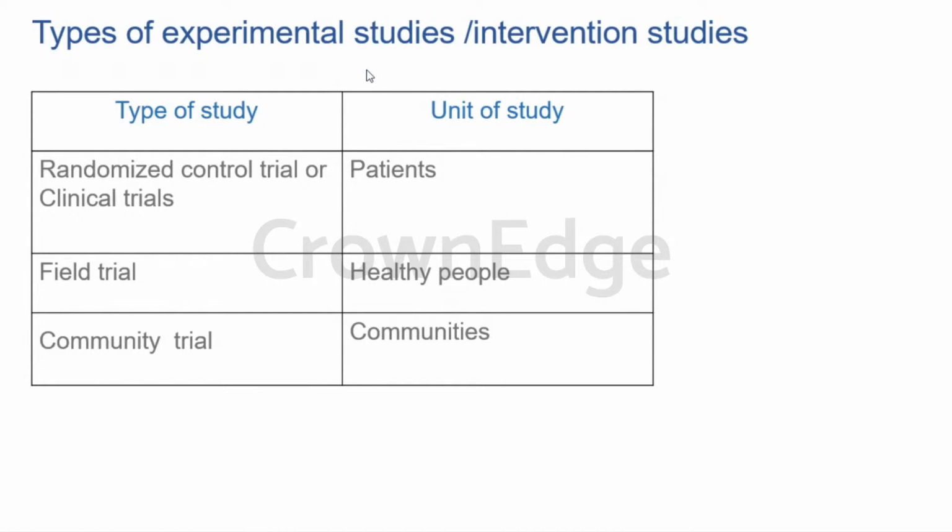A field trial is not conducted in a closed setting, meaning you are not bound by any constraints. You go out into the field to conduct a randomized control trial. In a community trial, the unit of study is communities. A field trial on a larger scale is a community trial.